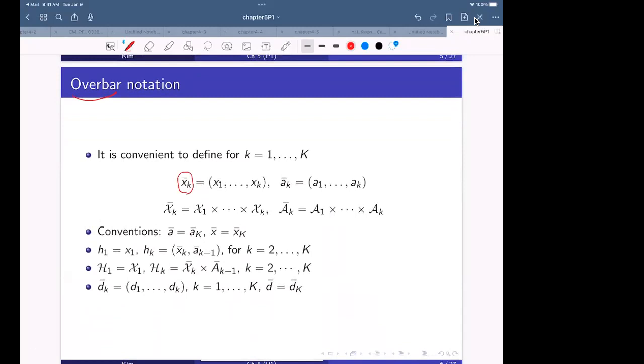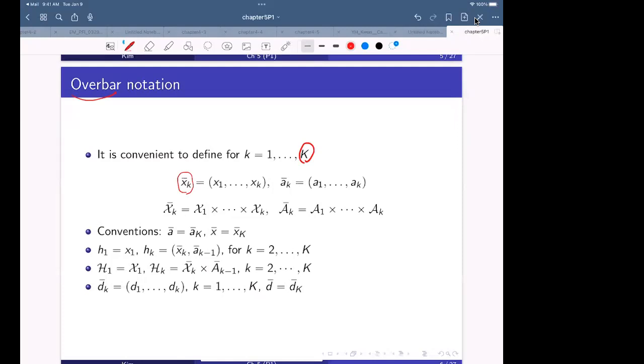So the auxiliary variables up to k, this is A-bar k, the same story. A-bar k is all the A up to k, and this is the set of possible values. And we'll use capital K to denote the final time.